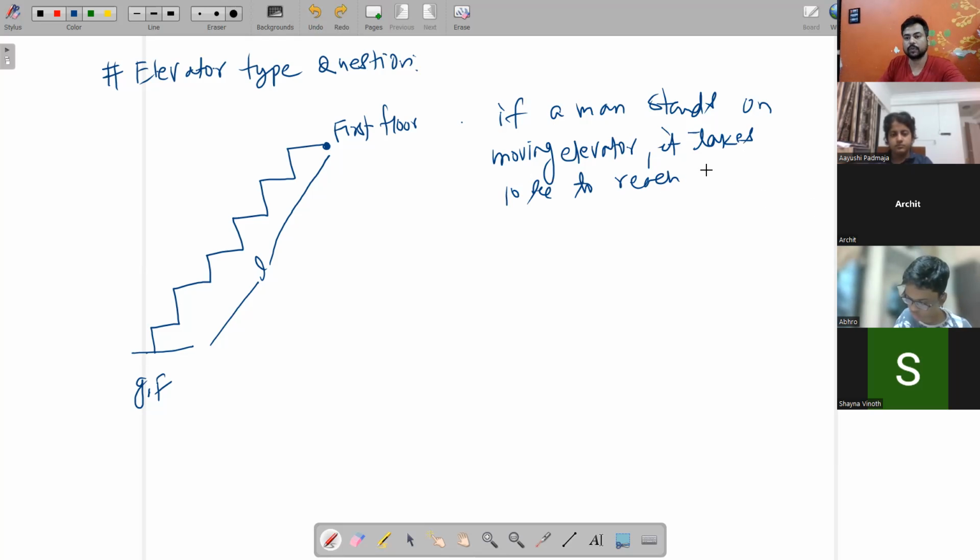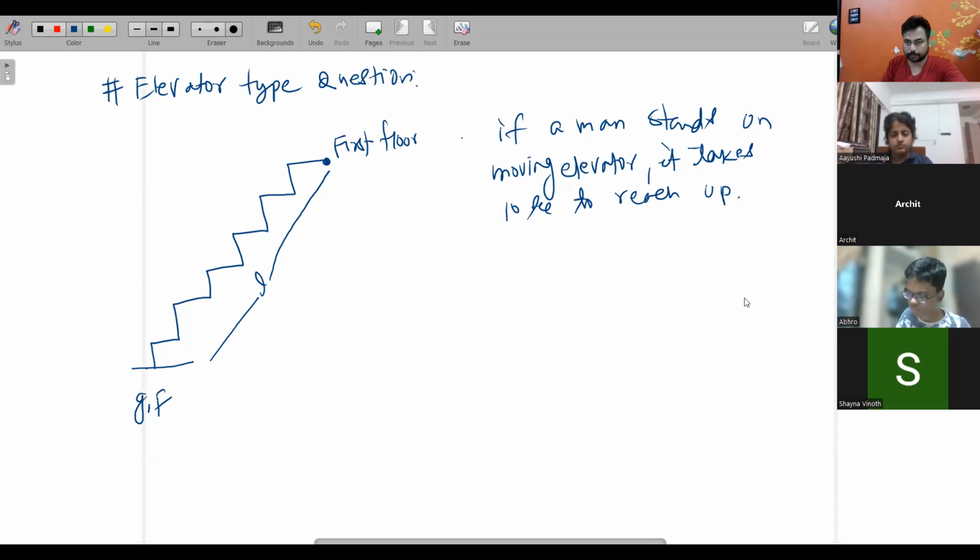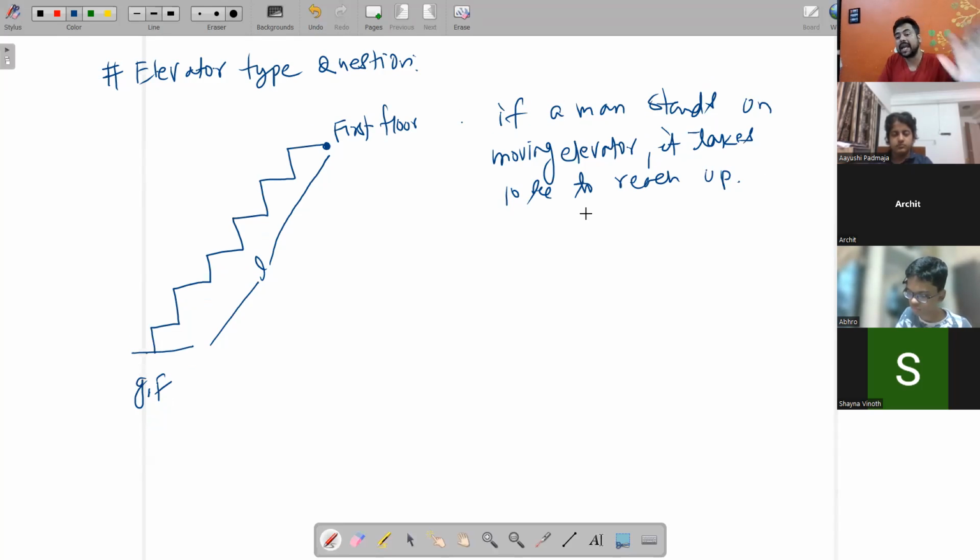Up means top, wherever the elevator goes. The first point is that the man is not moving. Only the elevator is moving and the man is just standing on it. So in that case, the elevator takes 10 seconds to go from ground to first floor.